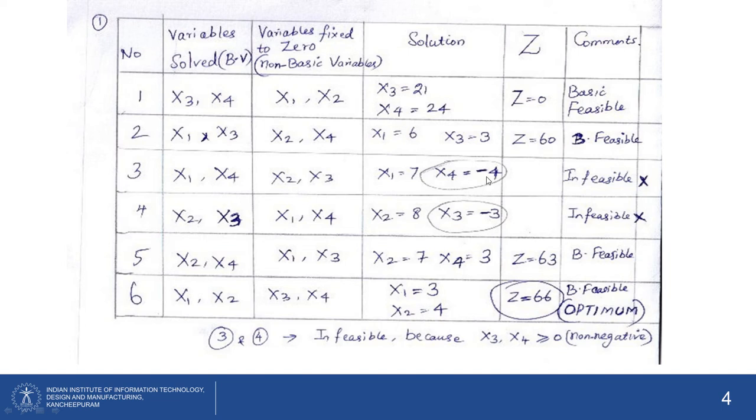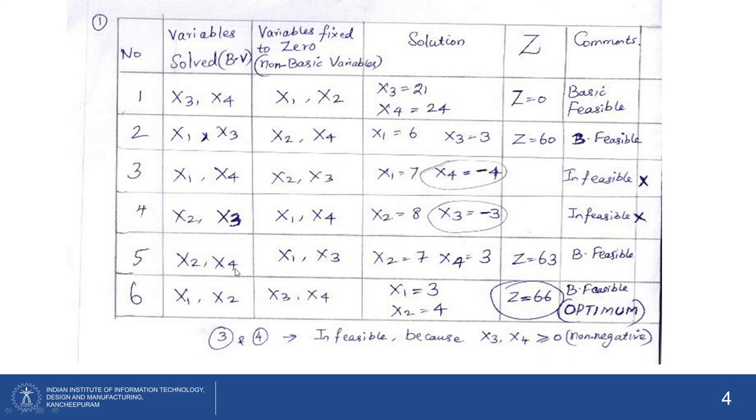So it is a negative value, so it is infeasible. Then go for another combination, x2, x3 basic, and equate x1 and x4 to 0. Here we get another negative value, so it is infeasible. So two solutions are infeasible. Go for the next.